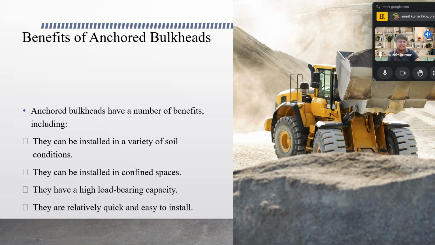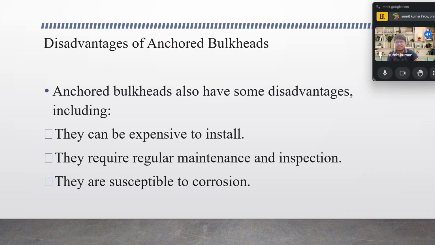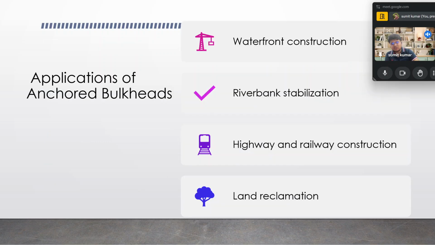This is already covered in the advantages of anchor bulkheads. Now, the disadvantages we have already gone across: it is expensive to install, requires regular maintenance, and inspection is one new point which we have added here, and susceptibility to corrosion is also covered before.